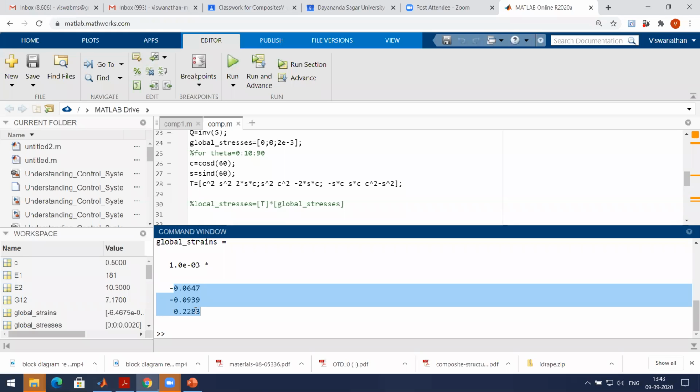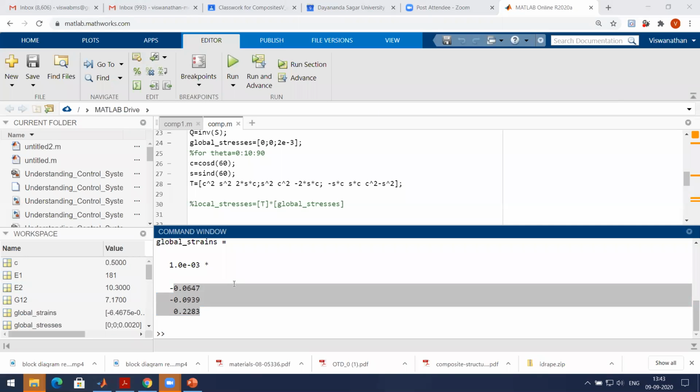Yes, sir. So what is this kind of behavior of the material? What kind of material it is called? What kind of material is this? Isotropic, sir.